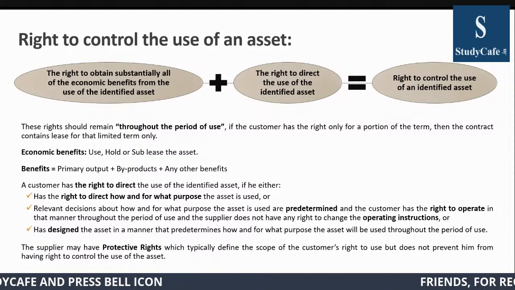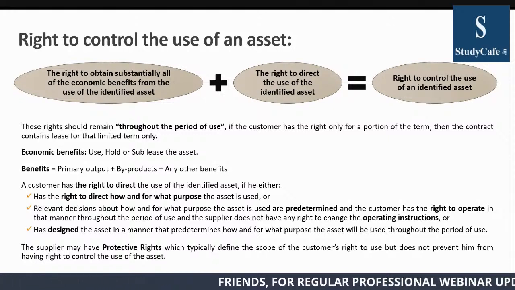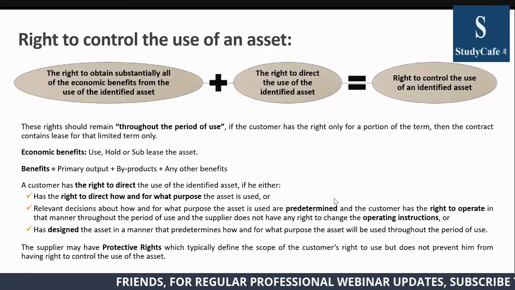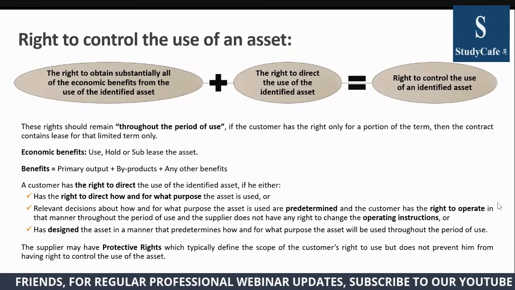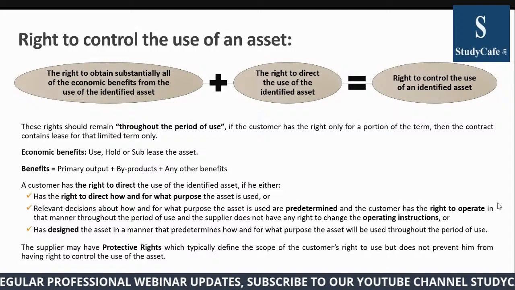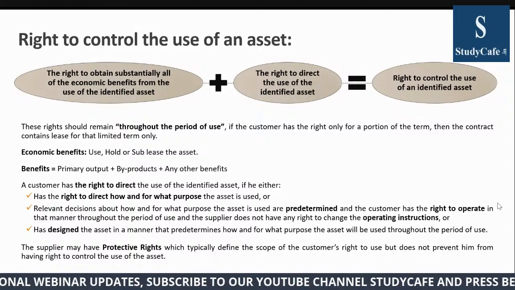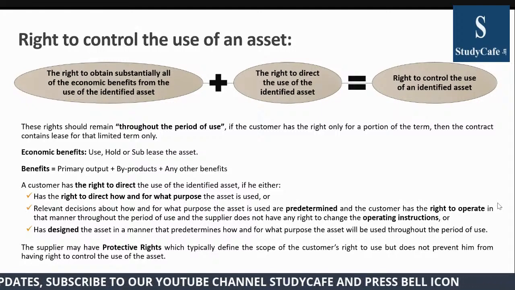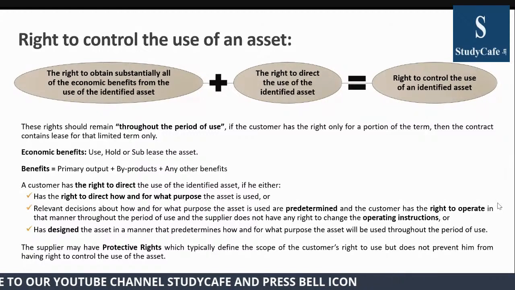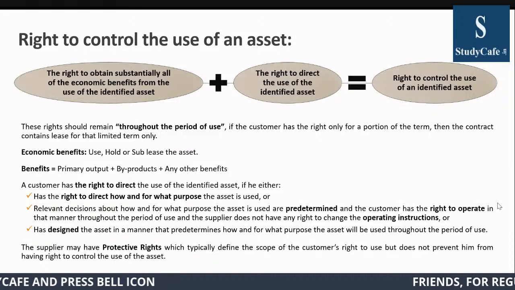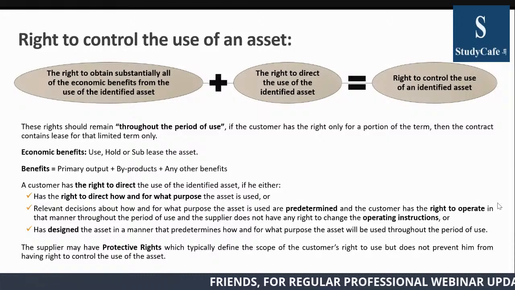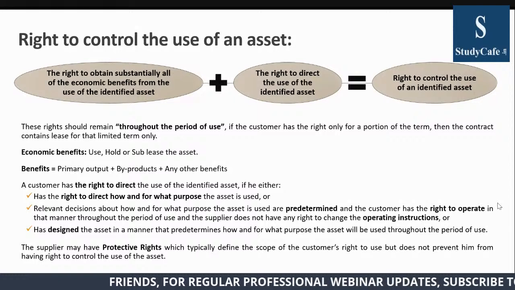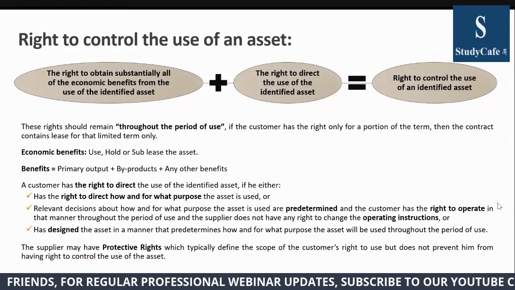Okay, this should be considered as a protective right. Yes, absolutely correct, Ramesh ji. Yes, after 1 lakh units. So let me tell you, this restriction that the lessor has is just a protective right. Why? Because after the production of 1 lakh units, the machinery will break down. This is just to protect the interest of the lessor, just to protect the asset. So even in that case, it will be considered that the lessee has an exclusive right to control the use of the asset.